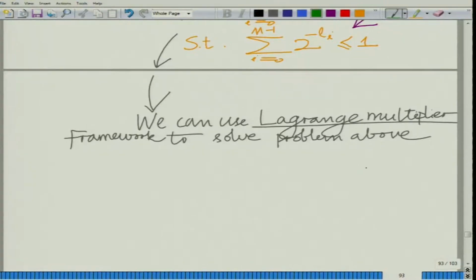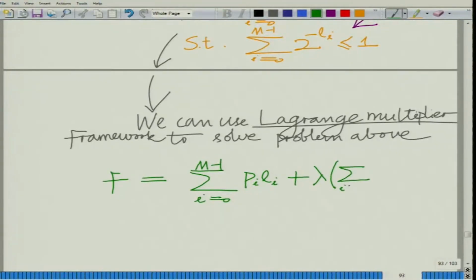And what is the Lagrange multiplier framework? We form a Lagrangian with the objective. You must be familiar with this from a basic course on mathematics or even an advanced course on optimization. So I form the Lagrangian which comprises the objective, summation pi Li, plus lambda times the constraint, summation i equal to 0 to M minus 1 of 2 to the power of minus Li minus 1.